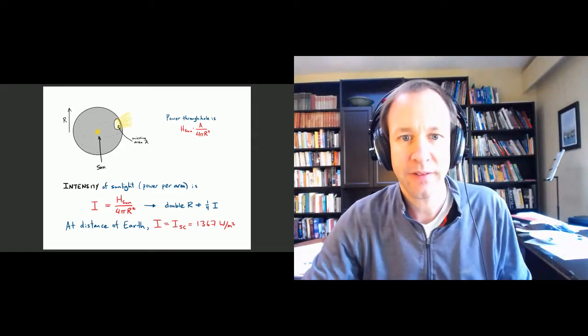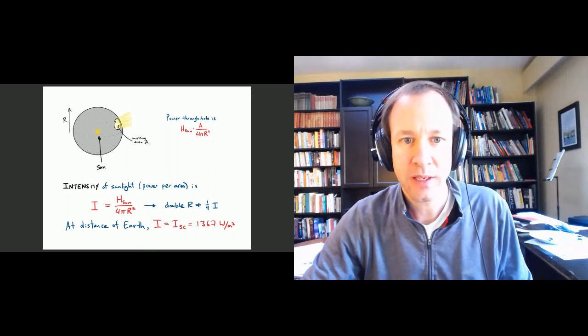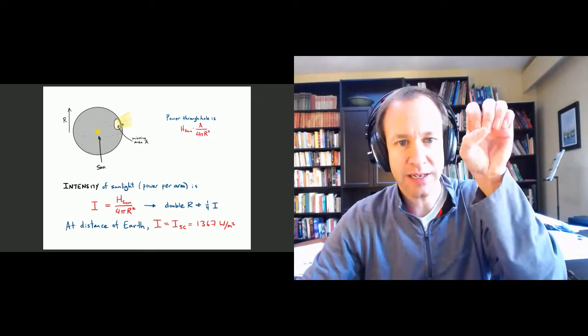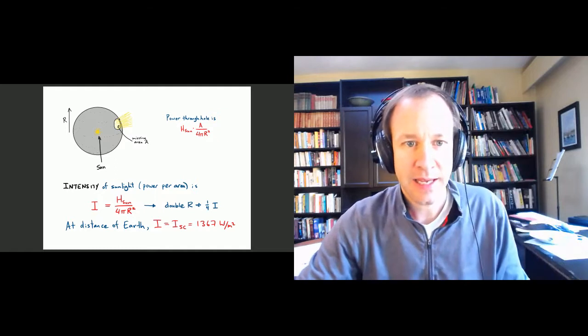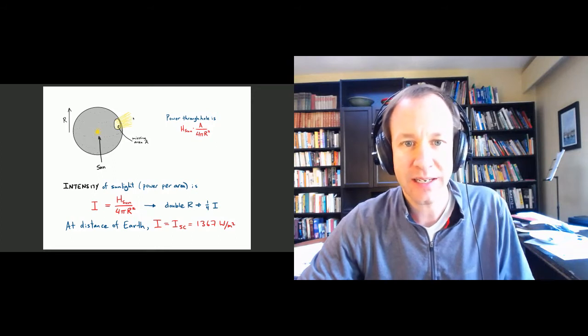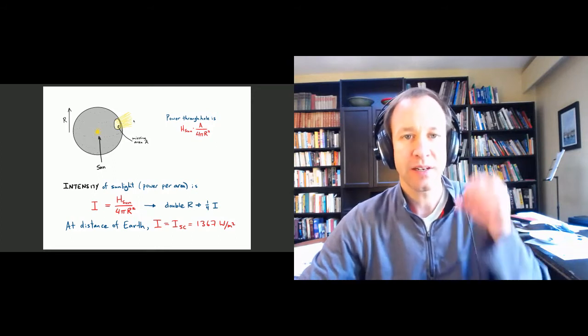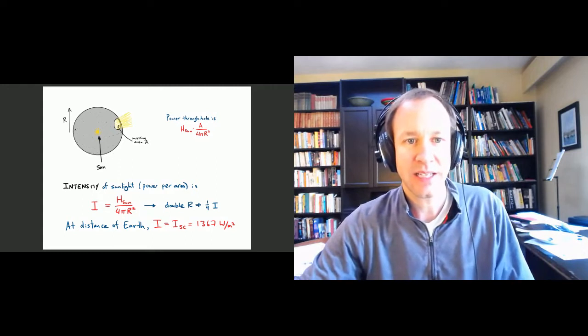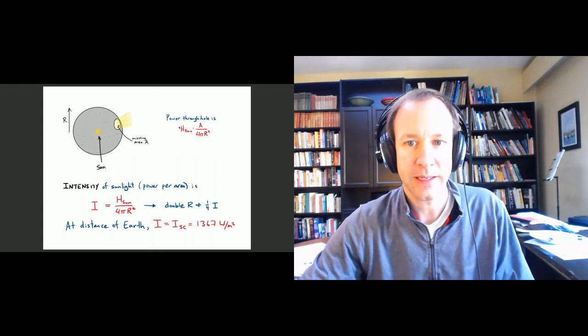If you have an object with cross-sectional area A, then the fraction of the sunlight that will hit that object is like the fraction of the sunlight that would get through a hole with area A taken out of an entire sphere whose area is 4 pi r squared. So that fraction is A over 4 pi r squared.